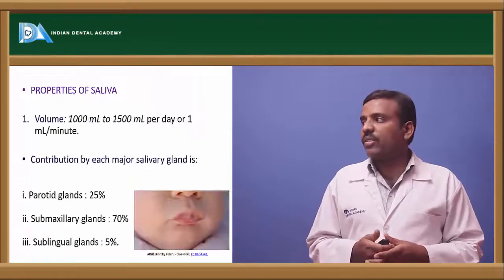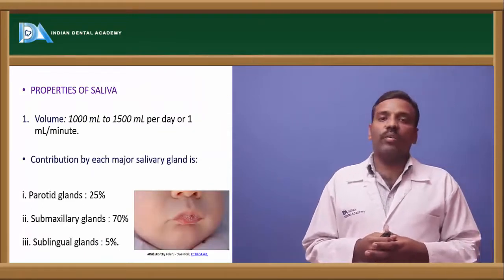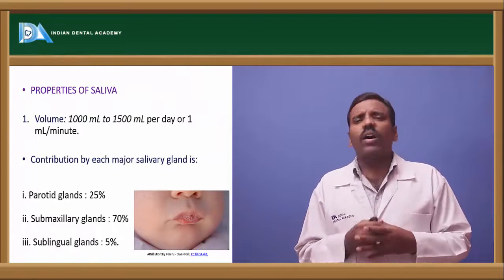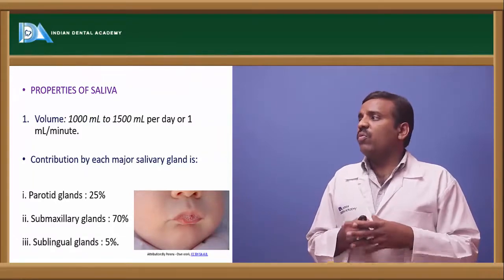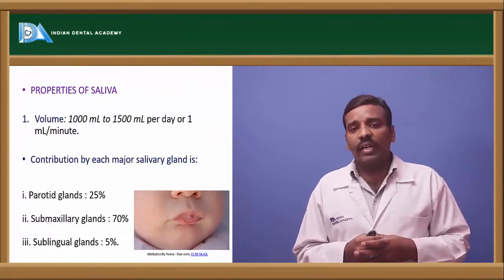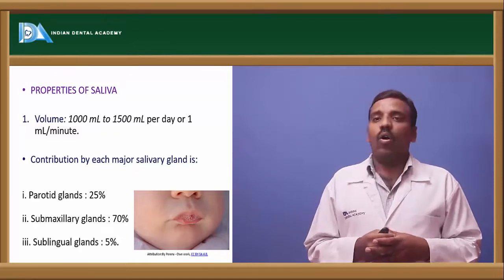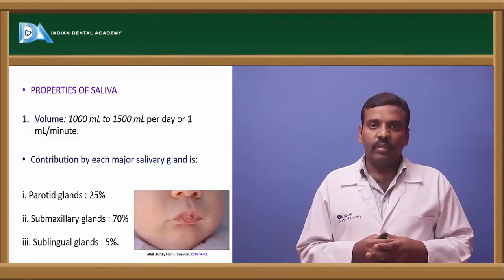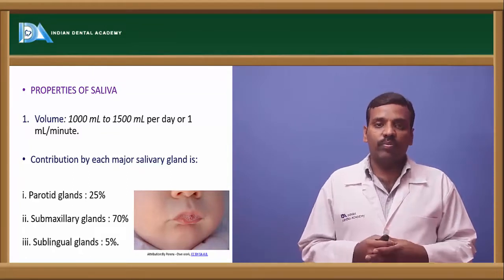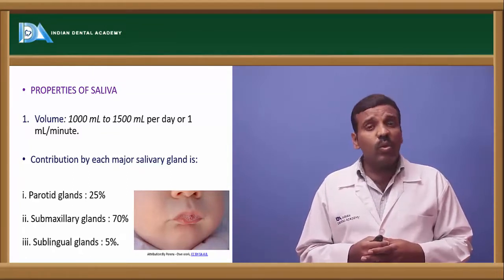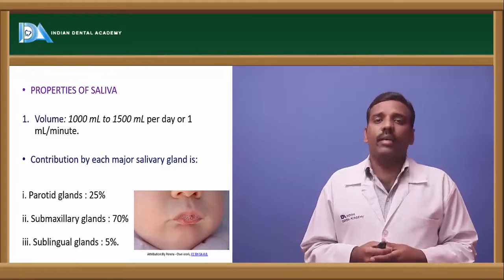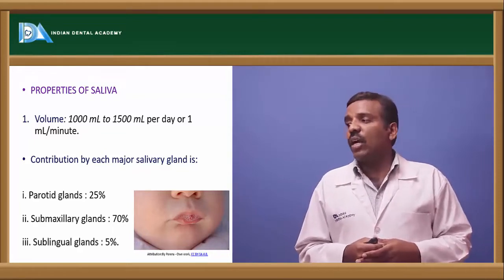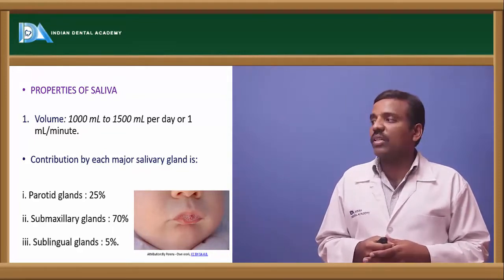Next, the properties of saliva. The saliva volume is about 1000 to 1500 ml per day, or 1 milliliter per minute, that is 1 liter to 1.5 liters per day. Next is the contribution by each major salivary gland.